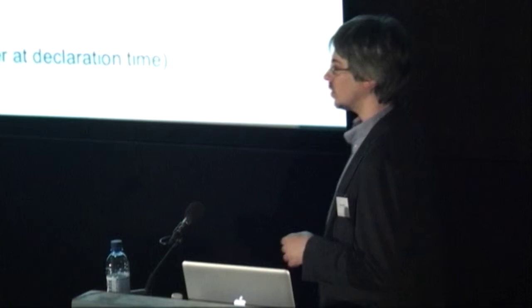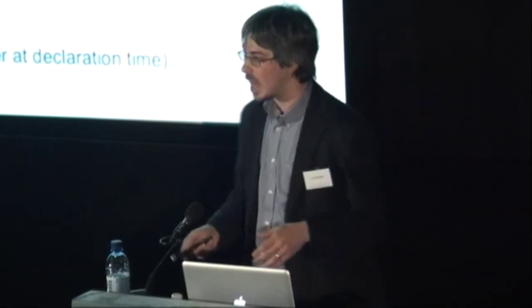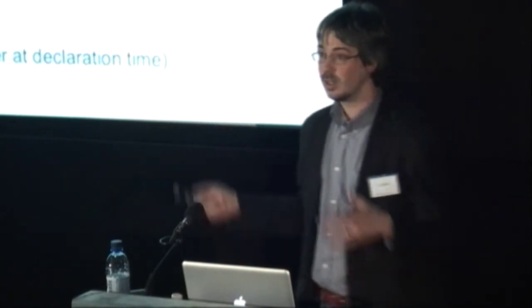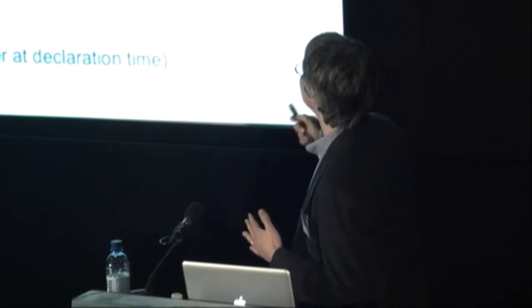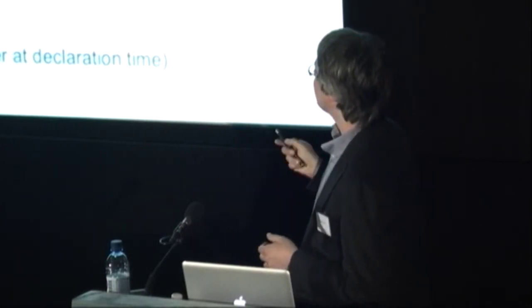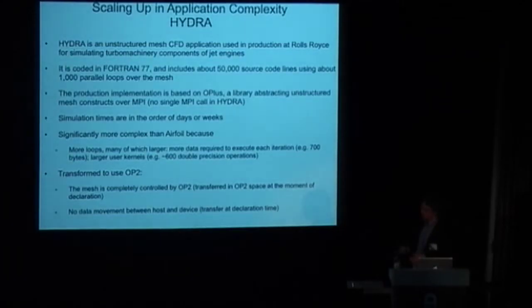Let's move to Hydra. We wanted to then scale up in application complexity with a far larger application. Hydra is used by Rolls-Royce in their production chain to simulate the turbo machinery components of their jet engines. It's a Fortran 77 application with many, let's say, beautifully programmed source code lines.